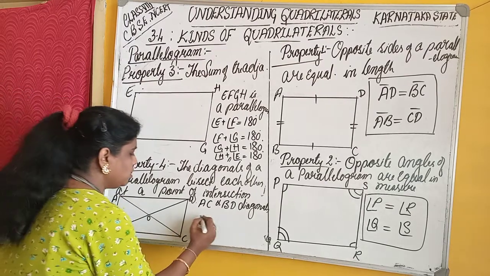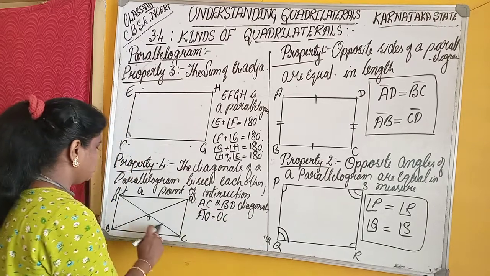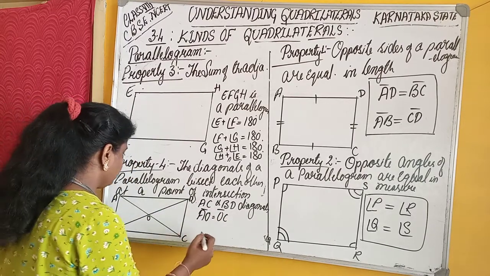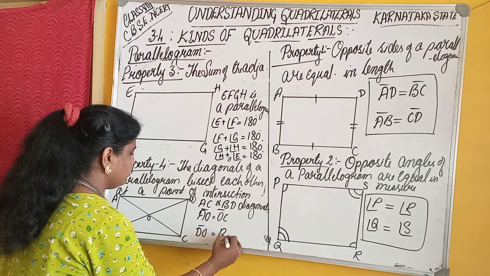Therefore, AO is equal to OC, isn't it? AO is equal to OC and DO is equal to BO.